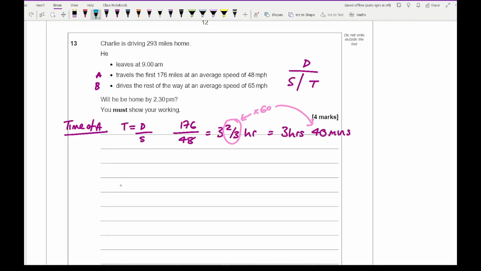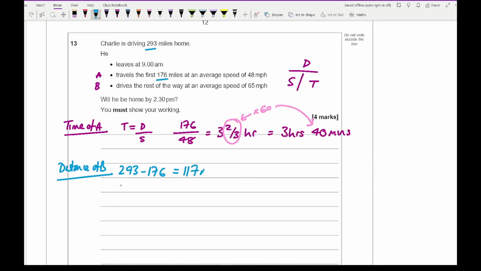So we know that the rest of the journey, so the distance of B, is going to be, well, we know that the total distance is 293. The first part of A was 176, so it's 293 minus 176. And if I type that into my calculator, it gives me an answer of 117.